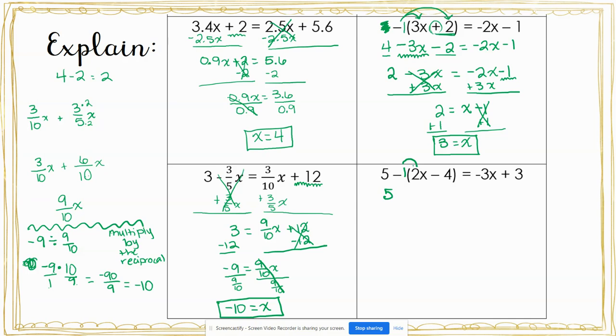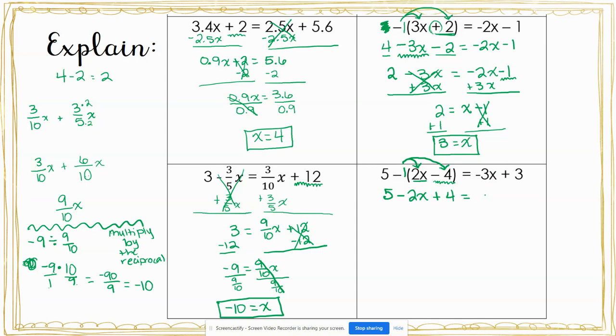But then we need to distribute our -1 into our parentheses. -1 times +2x is -2x, so I'm going to write minus 2x. Then -1 times, this is -4 because of the minus sign. So -1 times -4 gives me +4, and I'm going to write plus 4.